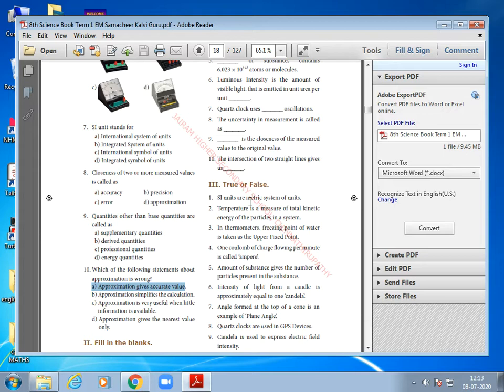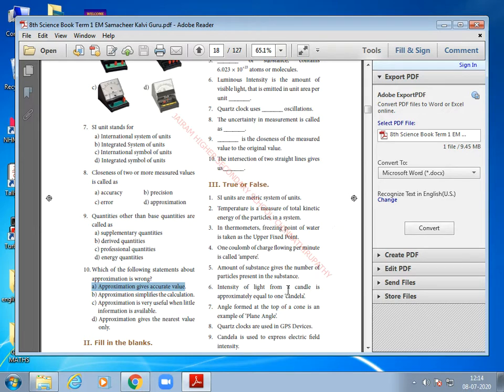Okay, next question, the temperature is a measure of total kinetic energy of the particle system. Okay, first question answer true. The SI system of units or metric system of units means true.